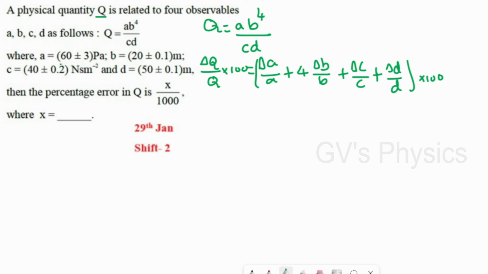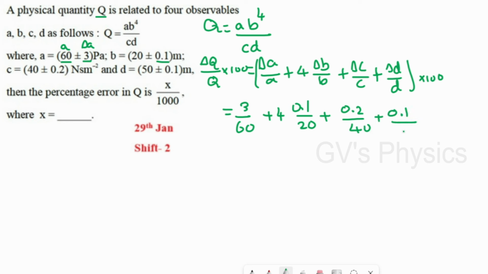Now we'll substitute the values. A is 60 and del A is 3. So 3 by 60 plus 4 into, again del B is 0.1 and B is 20, plus in the place of C it's 0.2 by 40, and in the place of D we can substitute 0.1 by 50, into 100.